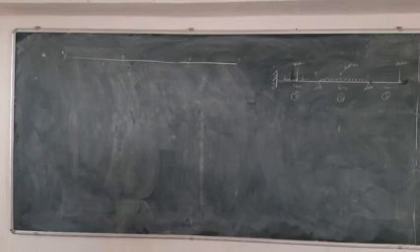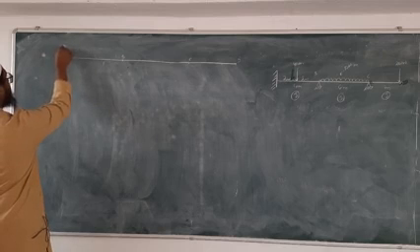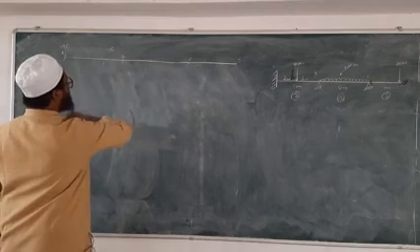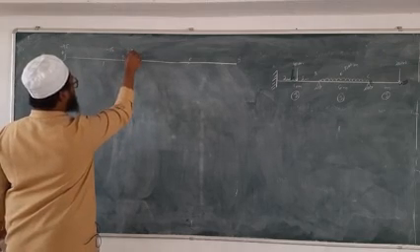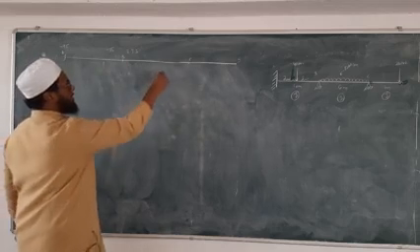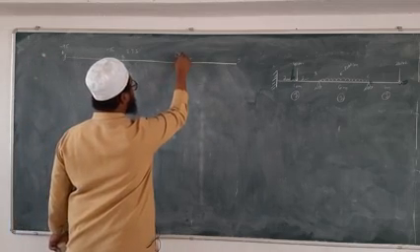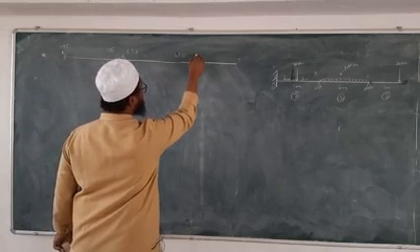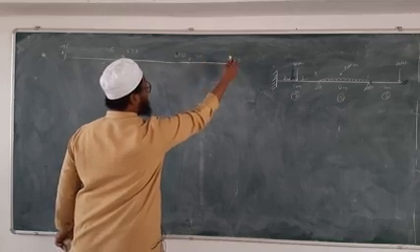Minus 95, minus 55, 63.33, then 63.33, minus 40. Here it is 0, right?